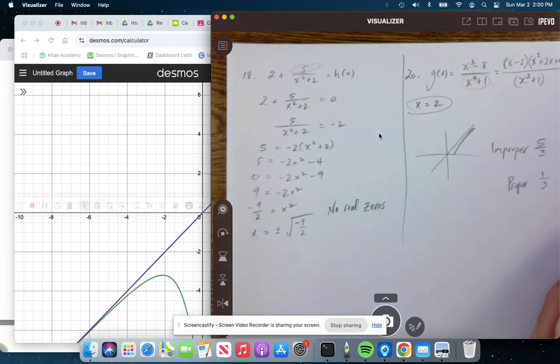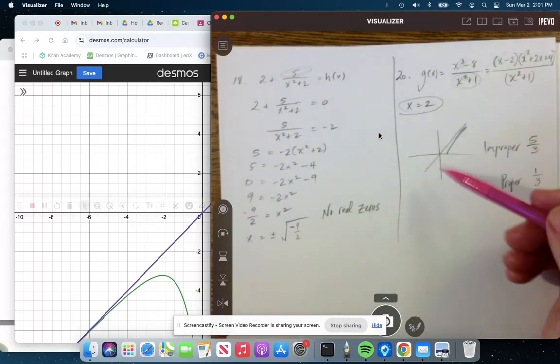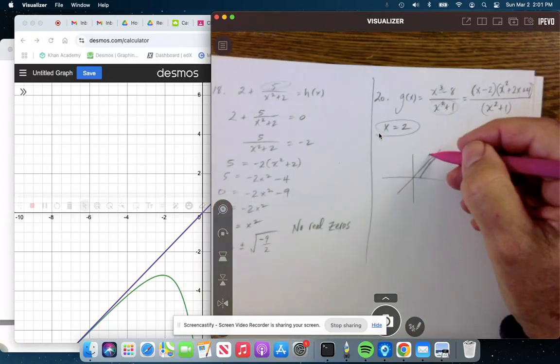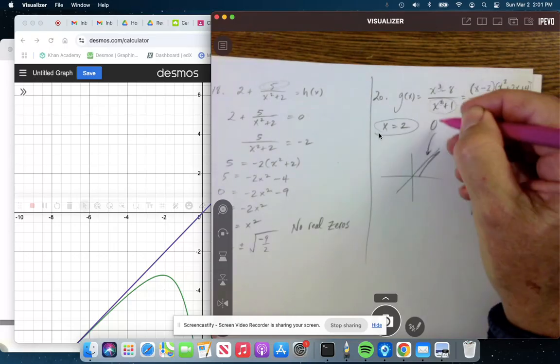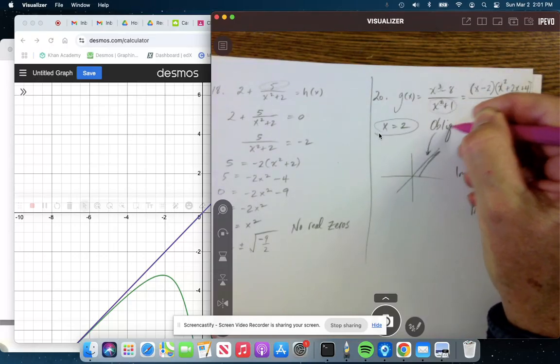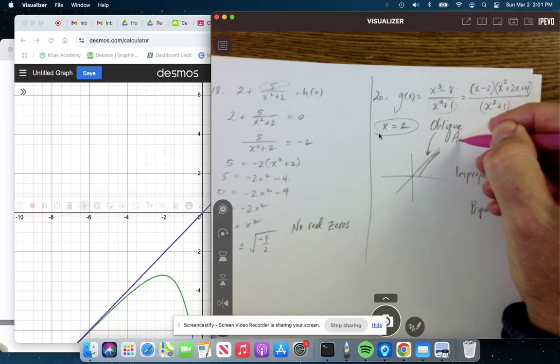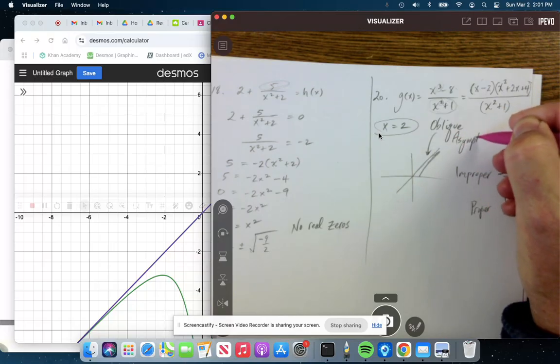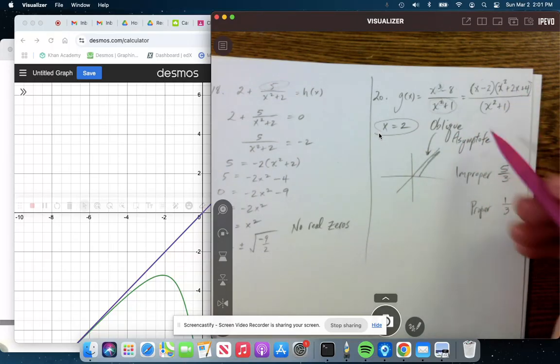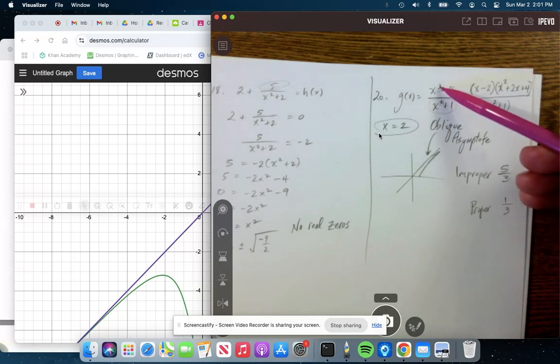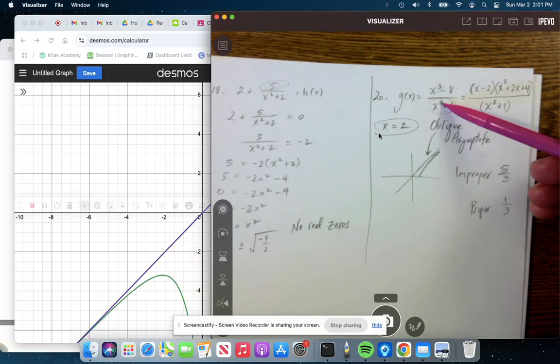So that was number 20. We found what's called an oblique asymptote. Just to recap, that occurs when the degree of the numerator is 1 larger than the degree of the denominator.